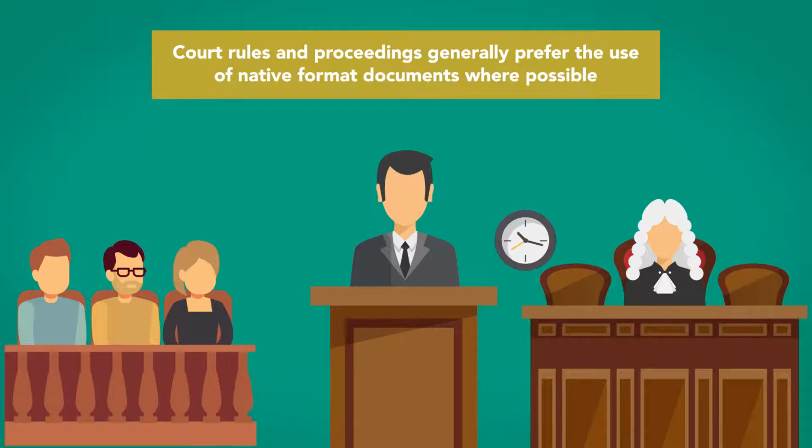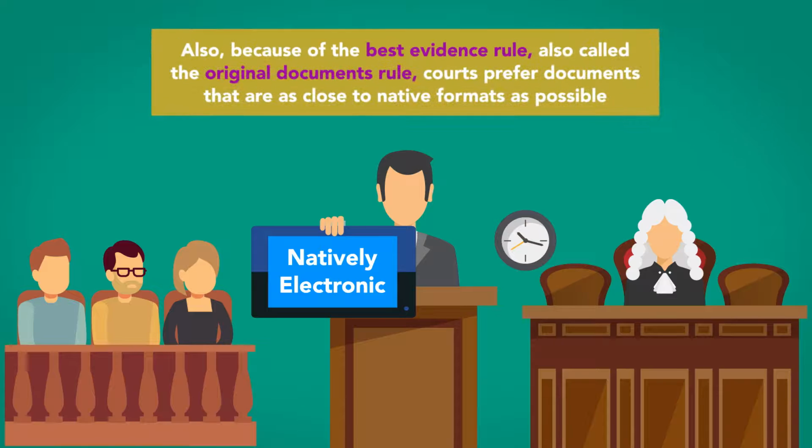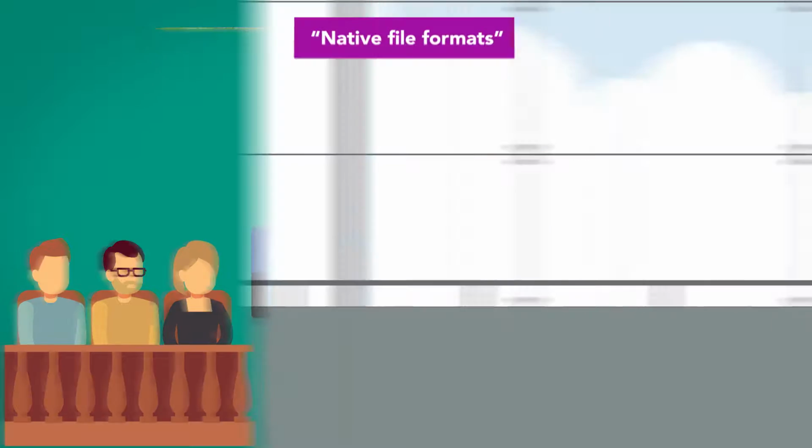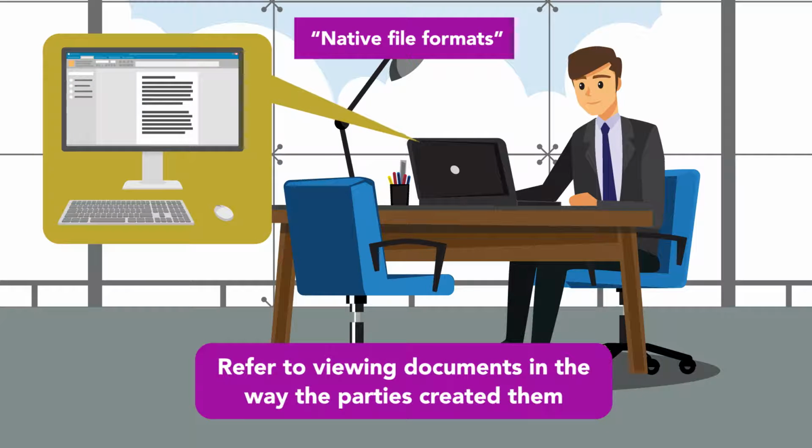Court rules and proceedings generally prefer the use of native format documents where possible. Also, because of the best evidence rule, also called the original documents rule, courts prefer documents that are as close to native formats as possible. Native file formats refer to viewing documents in a way that the parties created them.